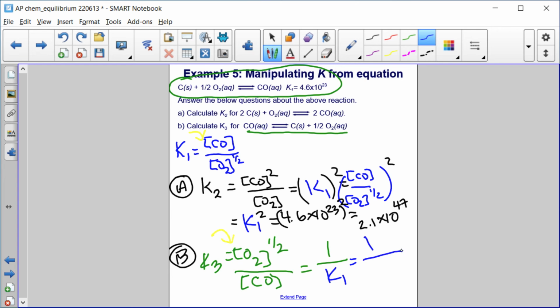Or 1 over 4.6 times 10 to the 23rd, which is just a calculation there. And we get 2.2 times 10 to the minus 24. Okay, so I've shown the work here, and then I'll go on the next slide and I will review both parts A and B for you.